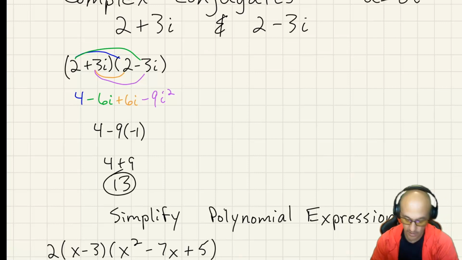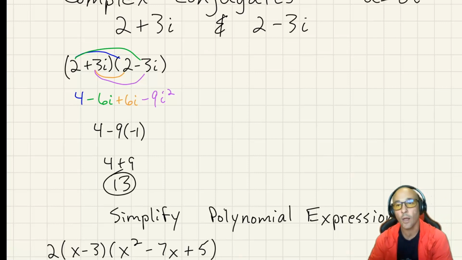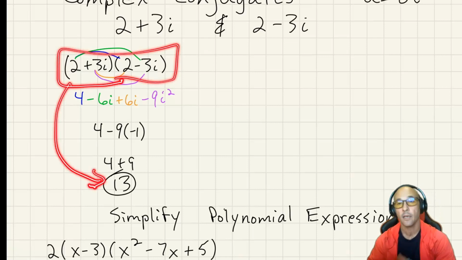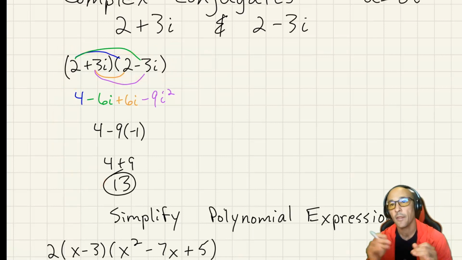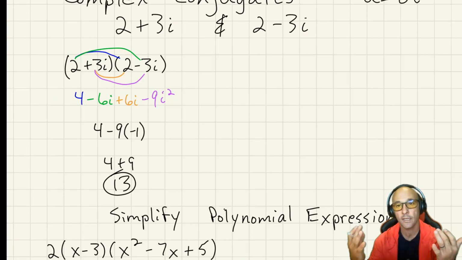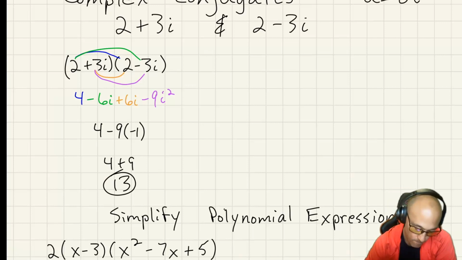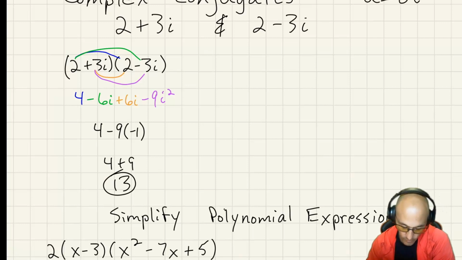So notice that there is no longer an imaginary part when we multiply these two complex conjugates. That's always going to happen. The imaginary part is gone when we multiply complex conjugates. Would you like to see another example of that?